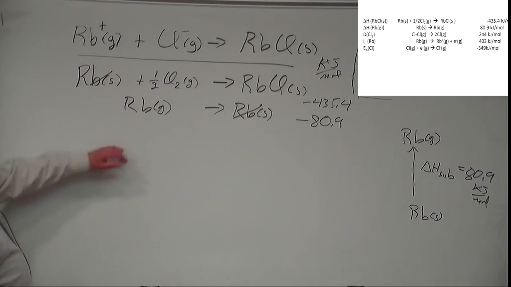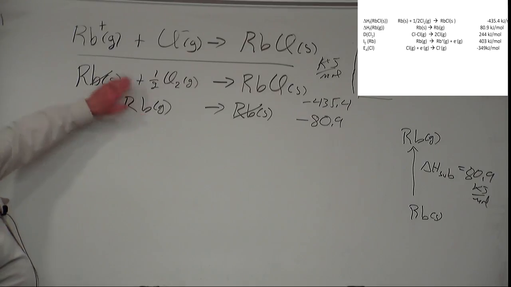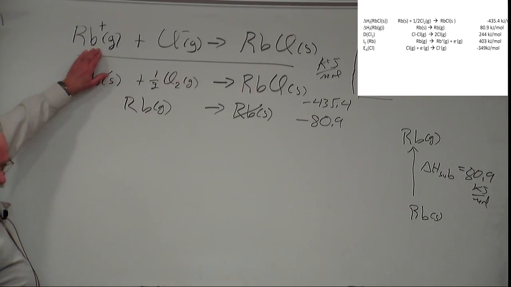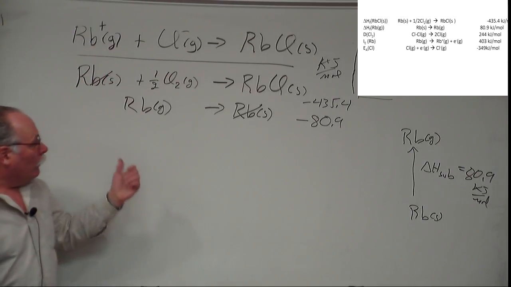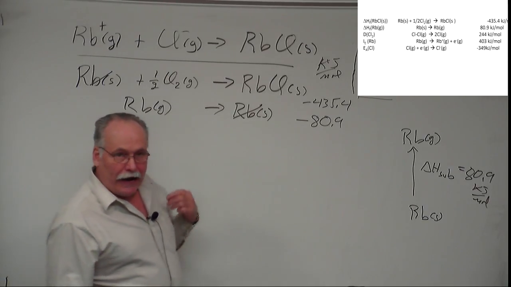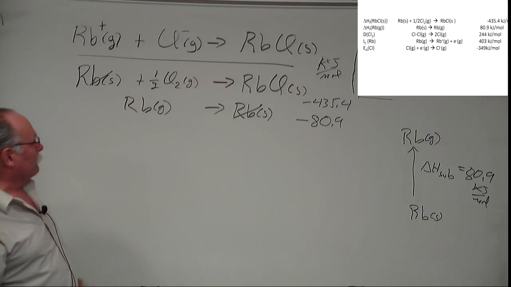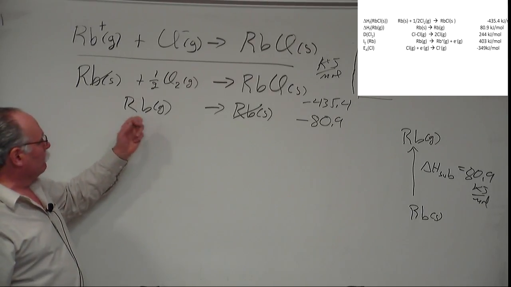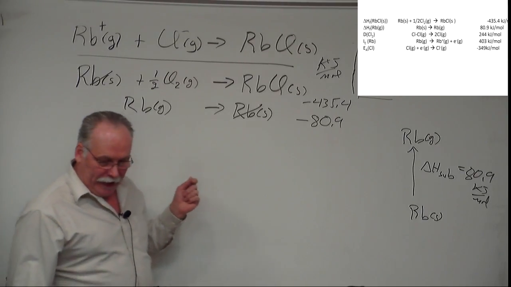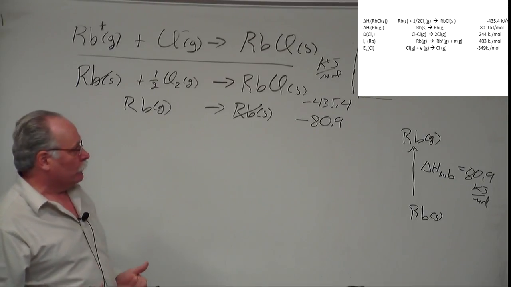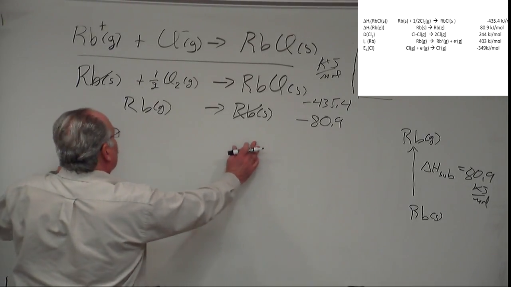Okay, now I need to convert rubidium gas to rubidium cation. So what process was that? Well, in Gen Chem 1, that was our ionization potential. Specifically speaking, the first ionization potential, the energy required to remove one electron from the neutral atom, which was 403 kilojoules. But once again, we're doing this in the reverse.